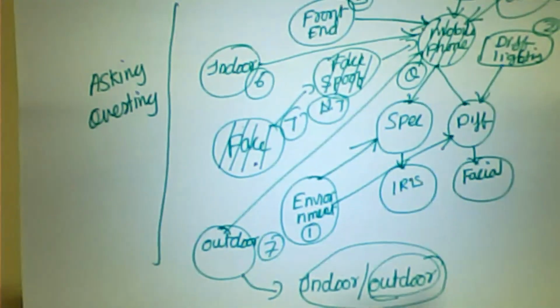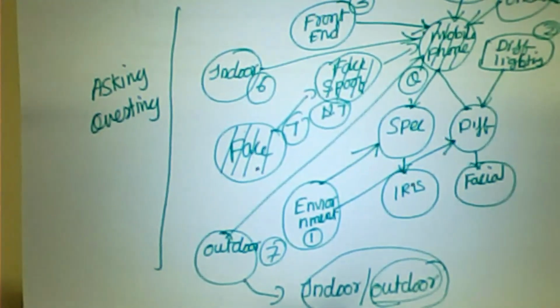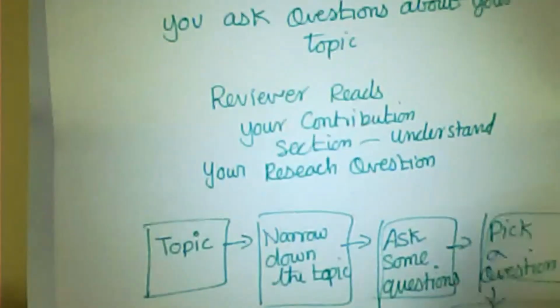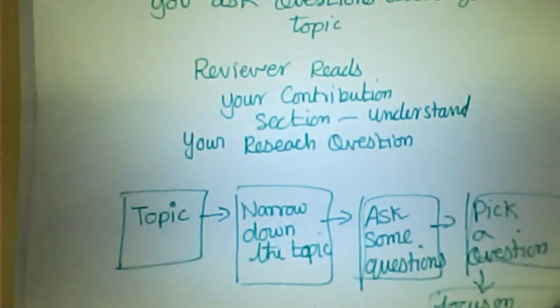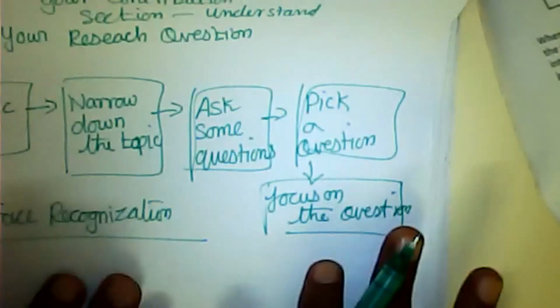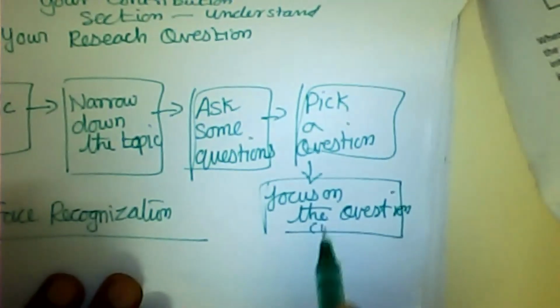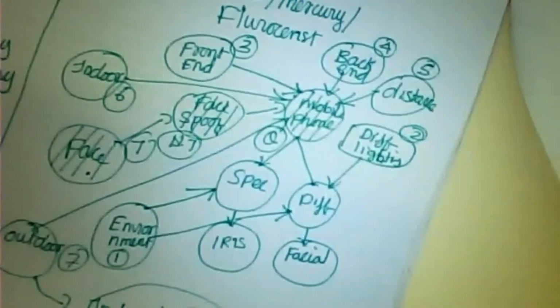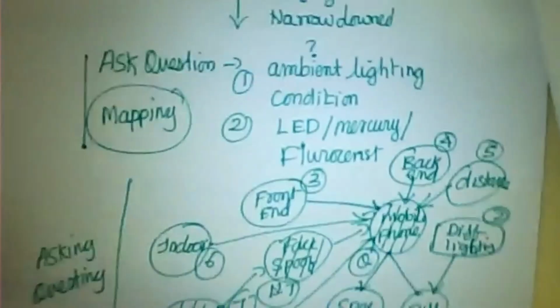So I have taken outdoor as a focusing question because the block diagram says focus. I think you can see here, focus question. Focus one question. Actually, you are trying to focus the question, one question. Now, my focus on this question is very simple, that outdoor.